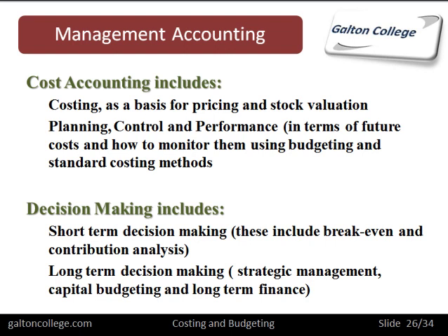Short-term is to try to work with what there is, to optimize what there is, and to make sure that they know where the break-even is and to achieve output so as to generate profits above the break-even point. Long-term decisions, well, that's into the planning phase. That involves strategic management, capital budgeting, and long-term finance. But that really is long-term stuff and looking deeply into the future.